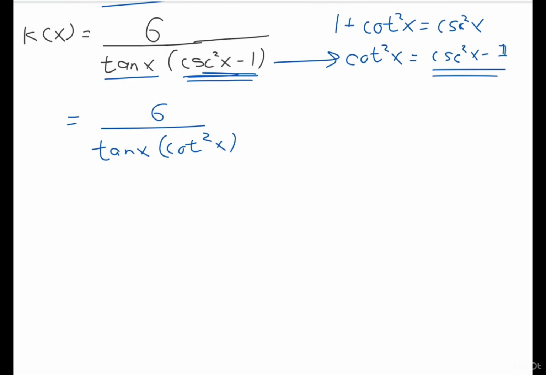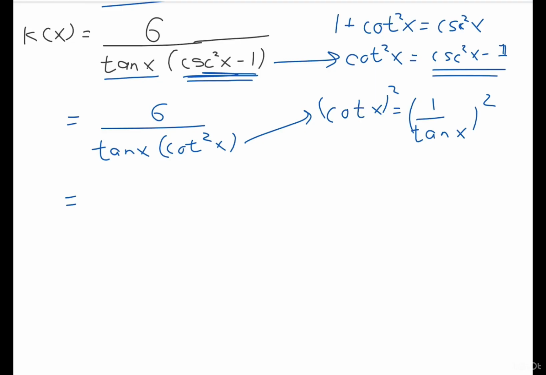Now, you should know that cotangent of x is essentially the reciprocal of tan x, right? Cotangent of x is just the reciprocal of tangent of x, which means that cotangent of x square would be this expression square. So now I can replace this guy with this one.